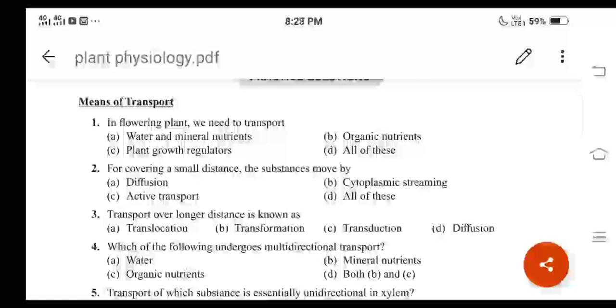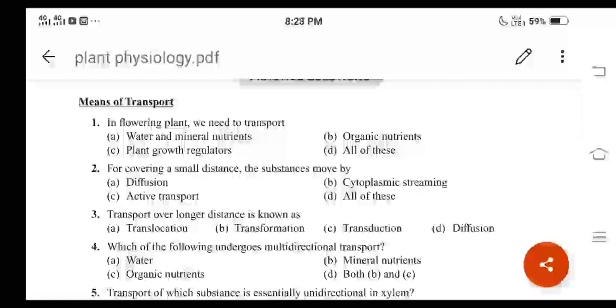And here, according to the question, in a flowering plant, the substances that would need to be transported are water and mineral nutrients, then organic nutrients, and even the plant growth regulators or plant hormones, right?